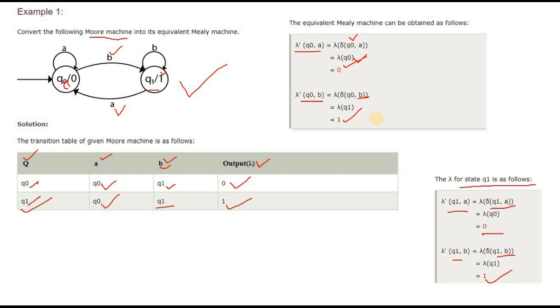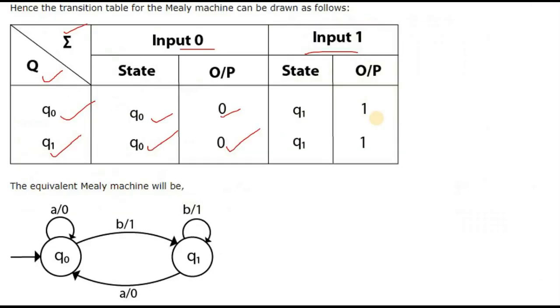So Q1 comma A, output is 0. That means for A, what I am trying to tell you is this is input A, this is input B. For input A, for the states Q0 and Q1, the outputs are zeros.